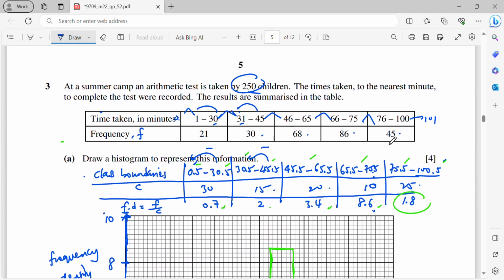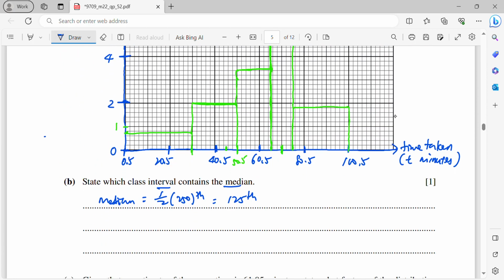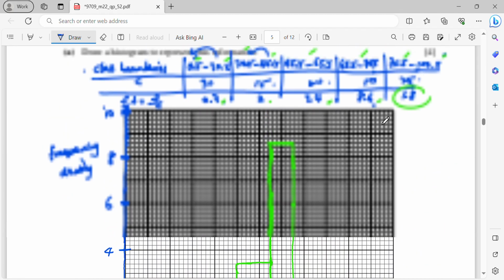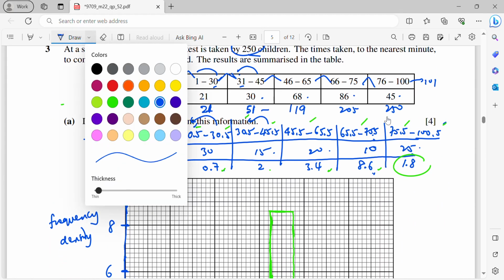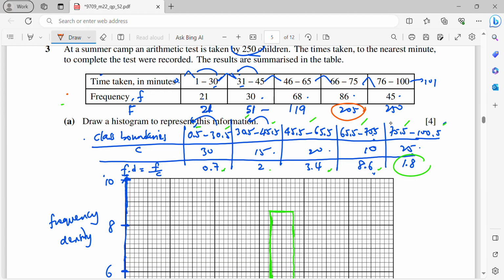Therefore, I have to get my cumulative frequency, which is a capital F. The total is 21 up to the first class. 21 plus 30 is 51. 51 plus 68 is 119. 119 plus 86 is 205. Then definitely this is 250. So my median is data number 125, which will be in this class because the previous class is up to data number 119. So data 120 to 205 will be in this class.